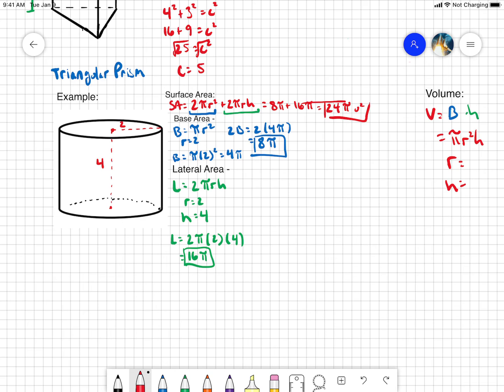It's 2. What's the height? 4. So now all I have to do in order to find the volume of this is go pi times 2 squared times 4. Well, 2 squared is 4. Pi times 4, which is equal to 16 pi units cubed.